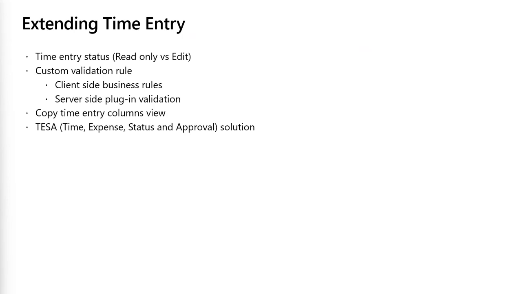You can also leverage the copy timesheet entry columns view if you plan on copying timesheets. And then from a solution perspective, if you want to look at what all schema elements are available to you, you can just look at the DESA solution that will provide you different tables and other artifacts.